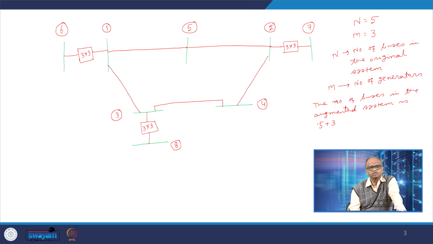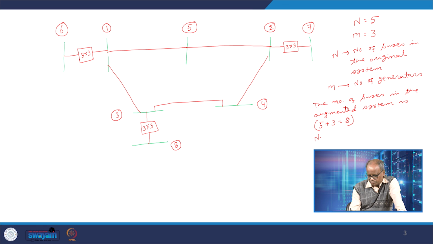5 is the original number of buses, and this 3 is the internal buses belonging to each and every generator. So for any general system having n number of buses and m number of generators, the size of the augmented system would be n plus m.